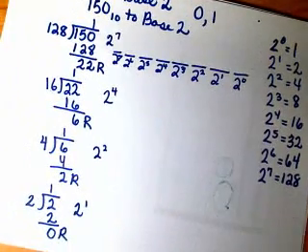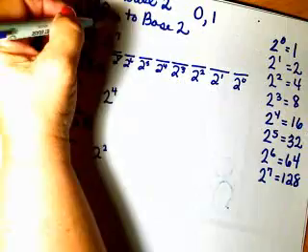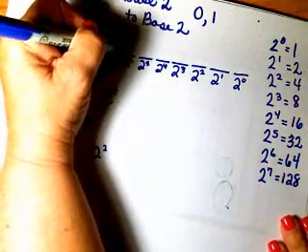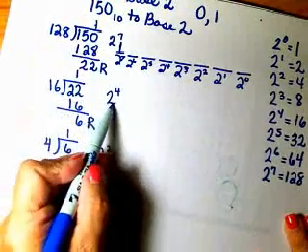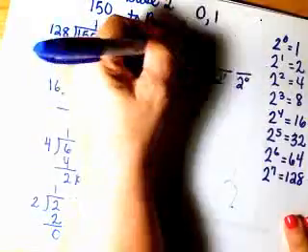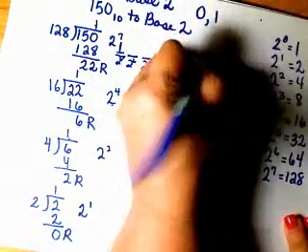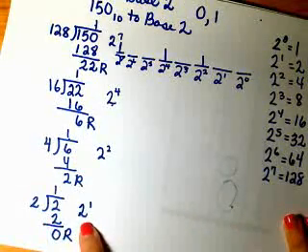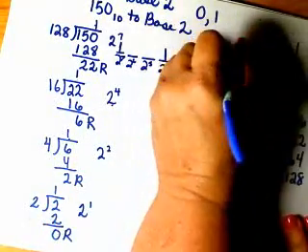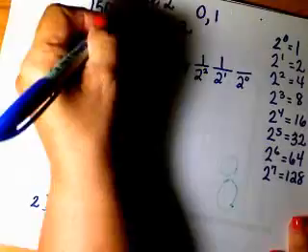Okay. Now, we're going to put a 1 in 2 to the 7th place, a 1 in 2 to the 4th place, a 1 in 2 to the 2nd place, and a 1 in 2 to the 1st place. And we have to hold our place value with all the rest.